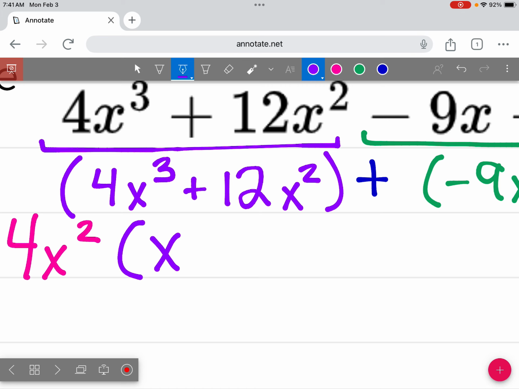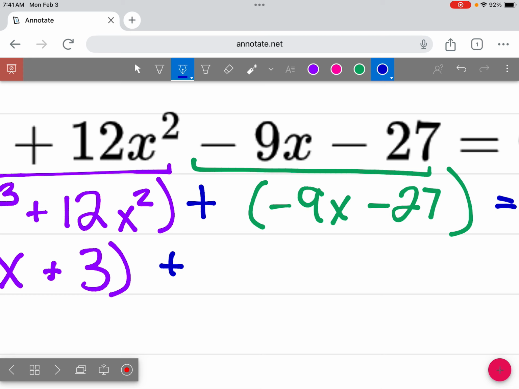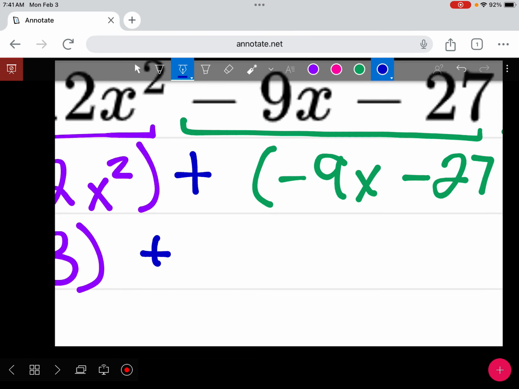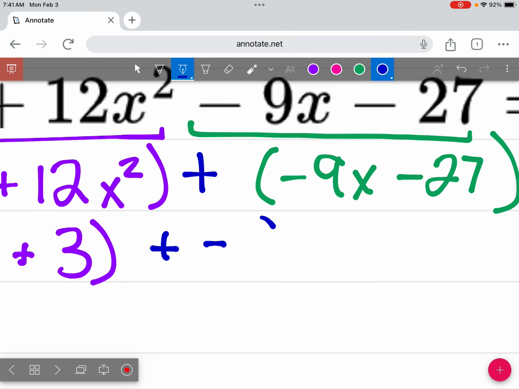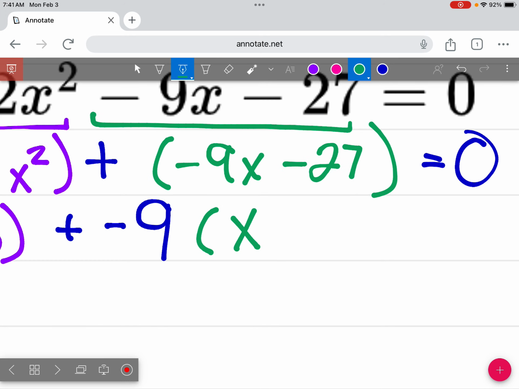And 12x squared divided by 4x squared gives me a 3, right? How about my minus 9x and minus 27? What do they have in common? Negative 9. And that's going to leave over the leftover pieces. Negative 9x divided by negative 9 gives me just an x. And negative 27 divided by negative 9 is a positive 3.